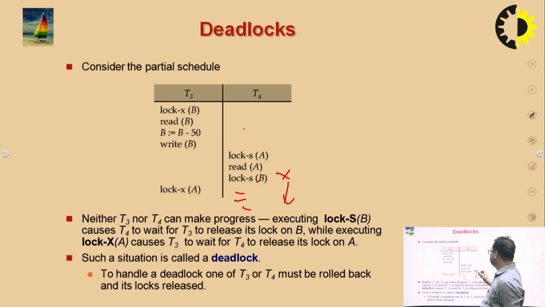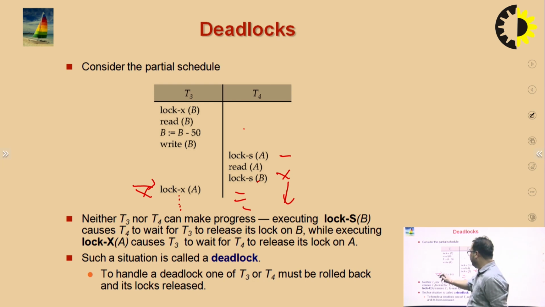Similarly, A is locked by transaction T4, and once it comes into the T3 transaction, A is exclusively locked. So this will not execute. They cannot go below that because it is already locked by the T4 transaction.